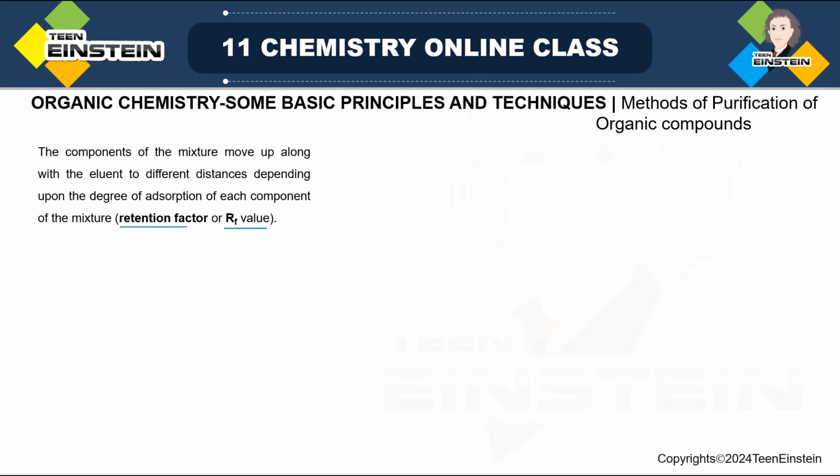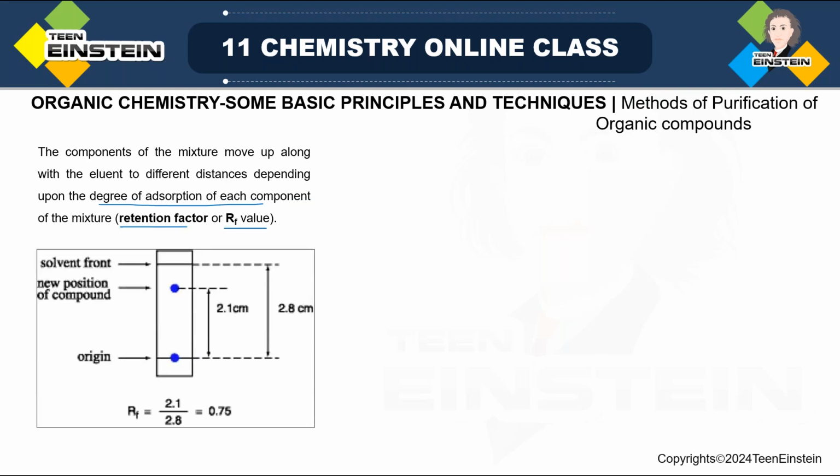So there will be movement to different distances depending upon the degree of adsorption. When polarity is very high, the degree of adsorption is also very high. And from the RF value, we can get an idea about their degree of adsorption or degree of movement. Here in this picture, you can see this is our starting point where the sample spot is.